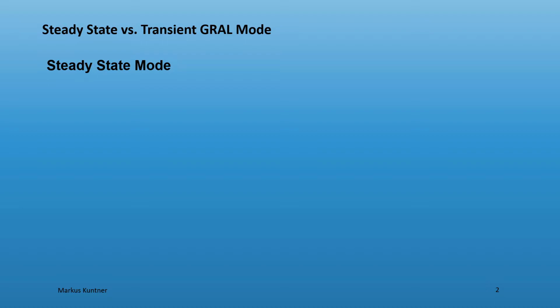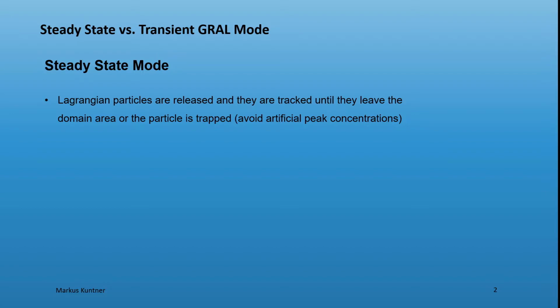Well, let's go to the steady state mode. The steady state mode is similar to the calculation of a Gaussian plume. That means we get steady state plumes. One gets a steady state plume in a Lagrangian particle model if all particles are released and dragged until they leave the domain area.